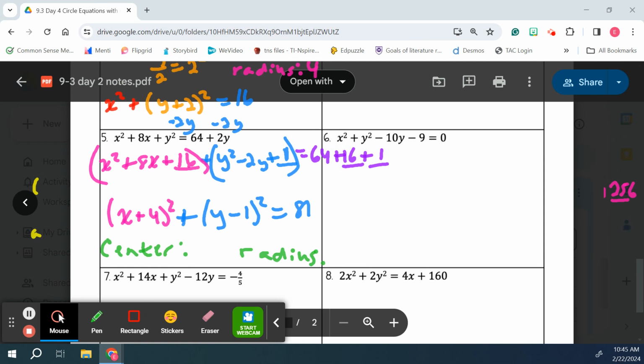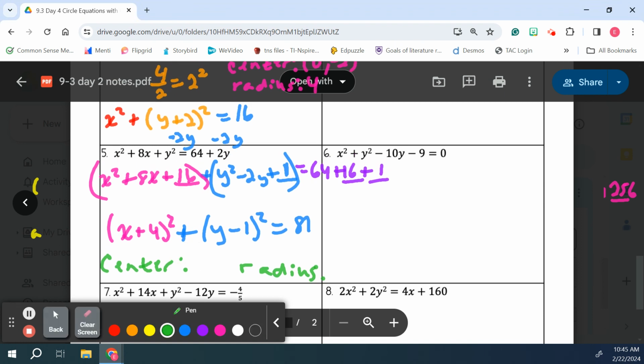What is the center, Whitney? Can't you hear me? What's the center? What'd you get? 4 comma 1?